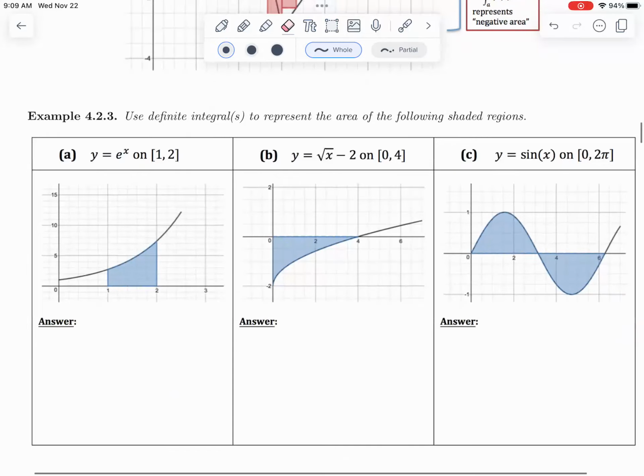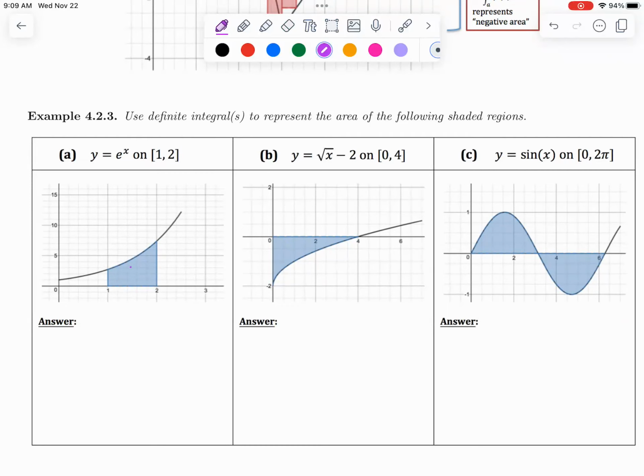So let's call this region R. Then the area of region R is going to be the integral from 1 to 2 of e to the x dx. And your calculator, by the way, if you've got the calculator, I recommend it, can compute definite integrals, which is pretty dope.